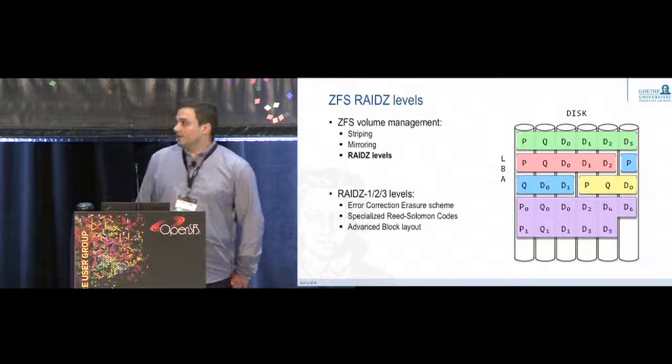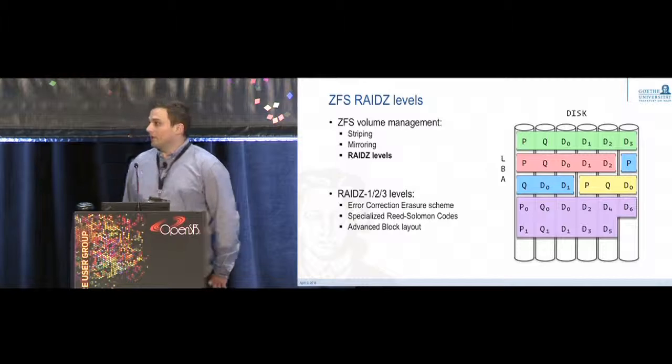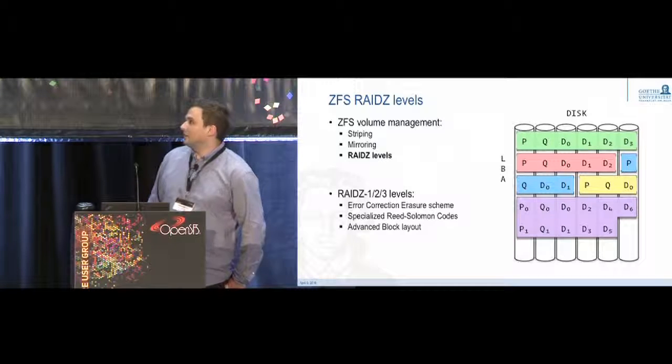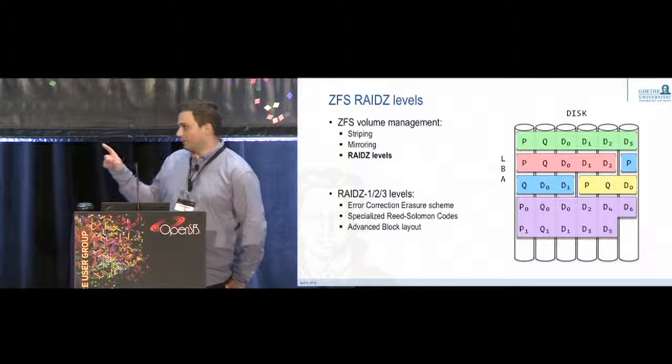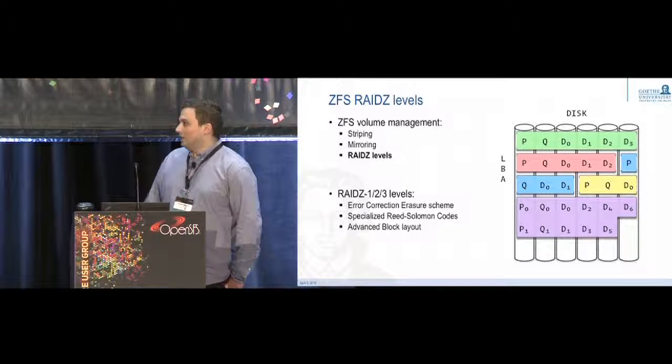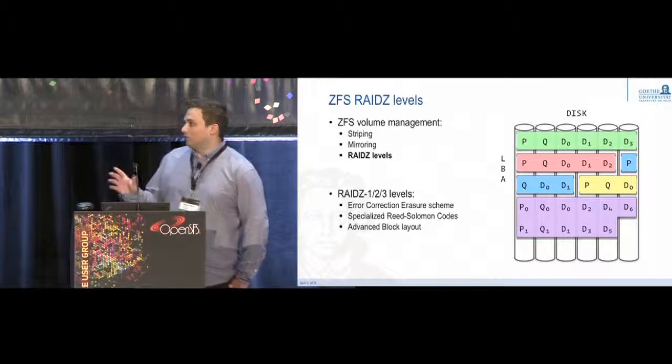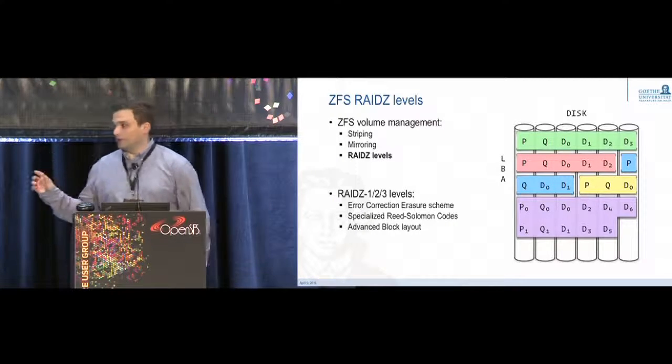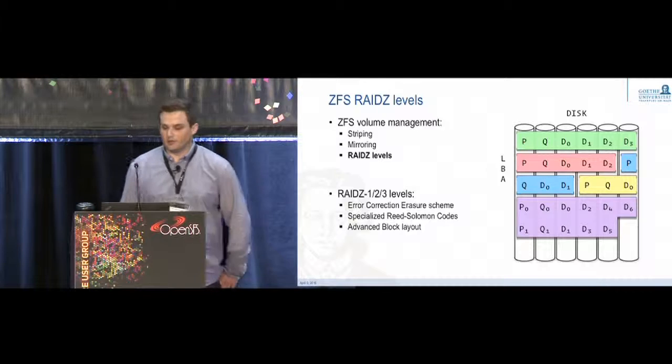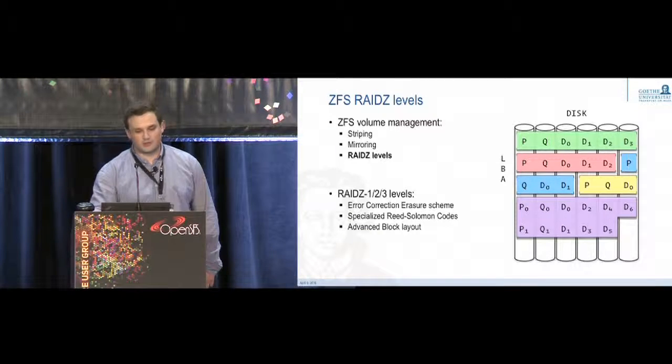One important difference between hardware controllers and RAID-Z levels is that the stripe size is dynamic, and we have to know the geometry of the stripe to use the underlying error correction codes properly.